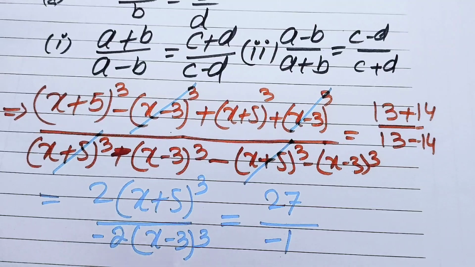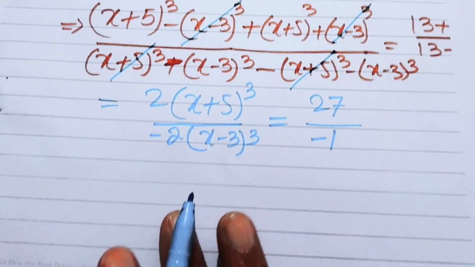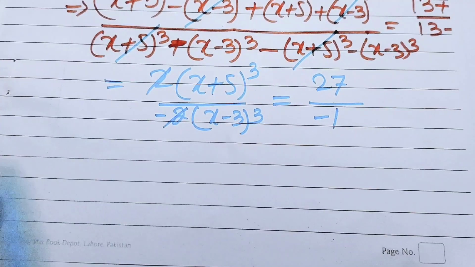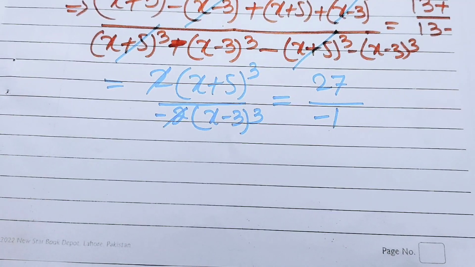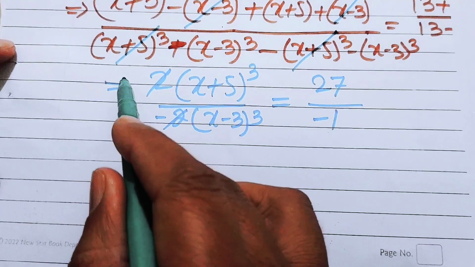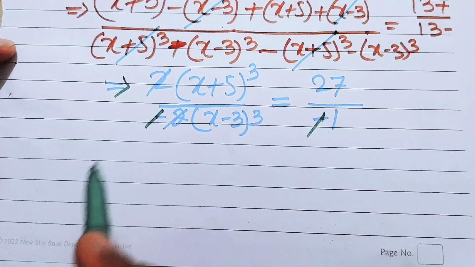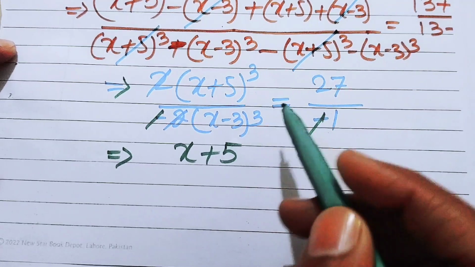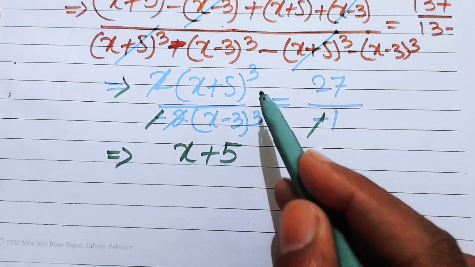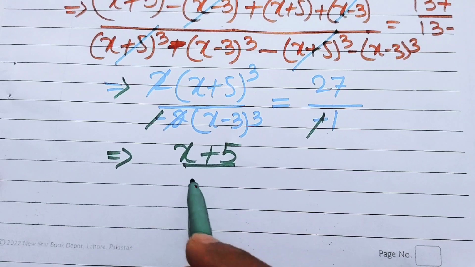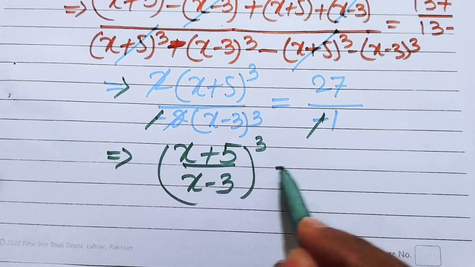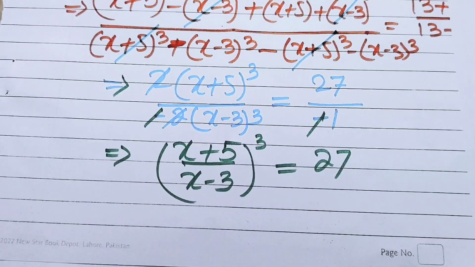In the next step, the 2 is cancelled by the other 2, and the negative signs on both sides also cancel. We combine the cubes on these two terms and write (x+5) over (x−3), whole cubed, equals 27.